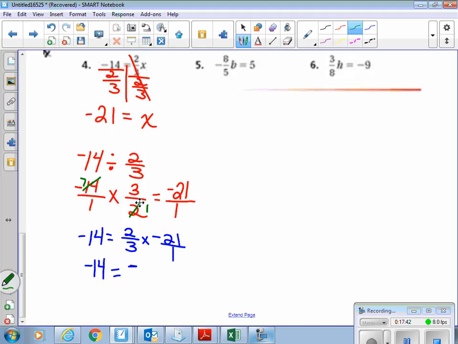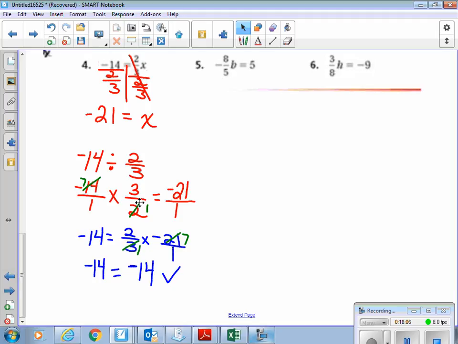They can cancel out because they're both divisible by 3. 3 divided by 3 is 1, and 21 divided by 3 is 7. So we're looking at 2 times a negative 7, which would give me a negative 14. And 1 times 1 on the bottom is just simply 1. Negative 14 over 1 is just negative 14. You can see that you have the same answer on both sides of the equation, proving that your work was correct.